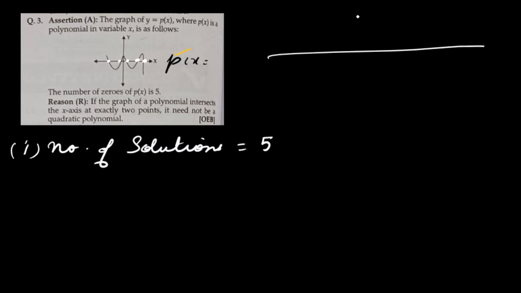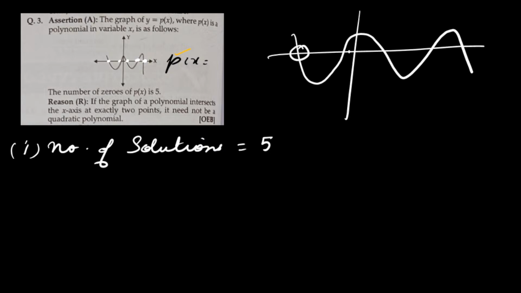See, the curve is like this. So 1, 2, 3, 4, 5. At 5 points it is intersecting the x-axis. So that means it has 5 solutions.